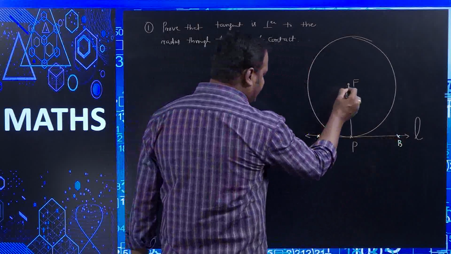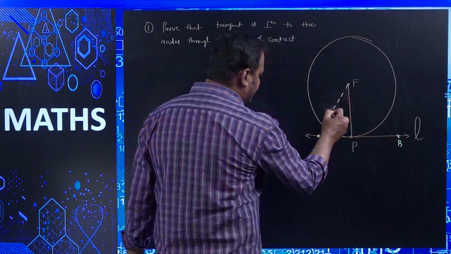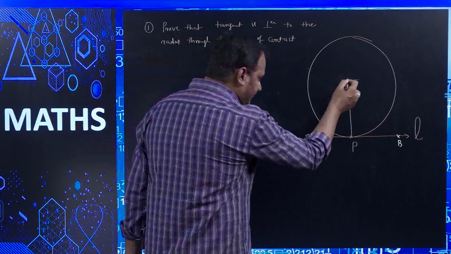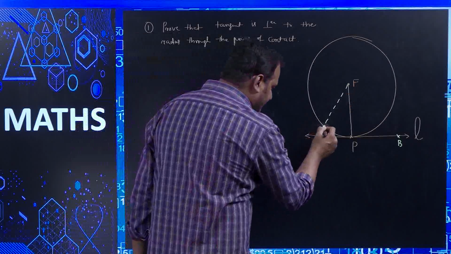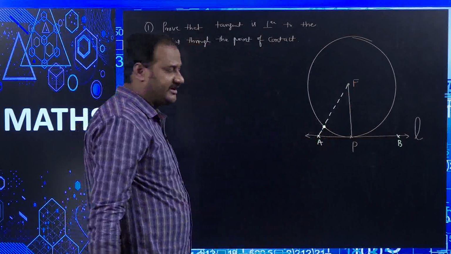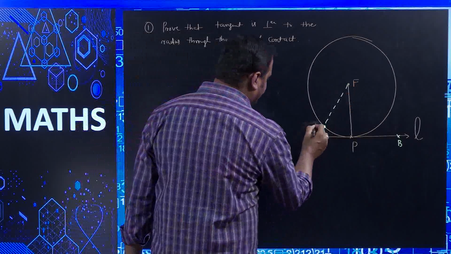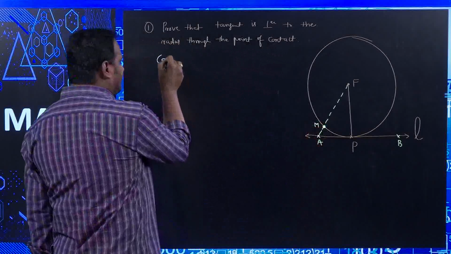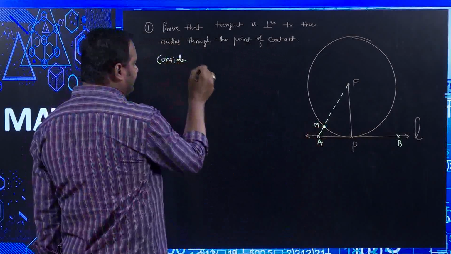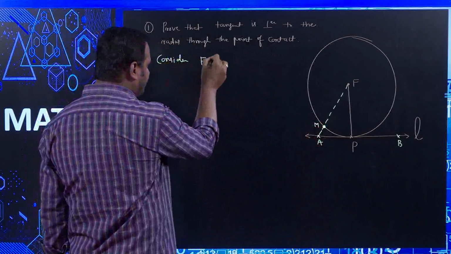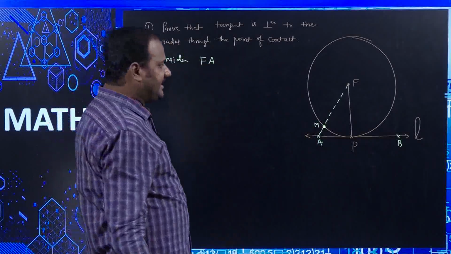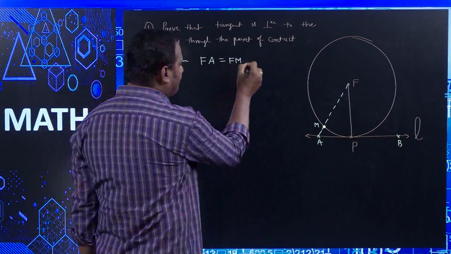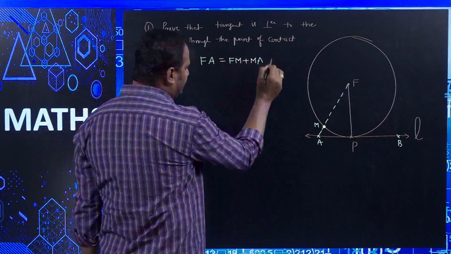What am I going to do here? I am going to join F and A. When I join F and A, there is another line formed, and definitely that line intersects the circle at one point. Let that point be M. I am going to consider the line segment FA. I can write FA as FM plus MA, correct.